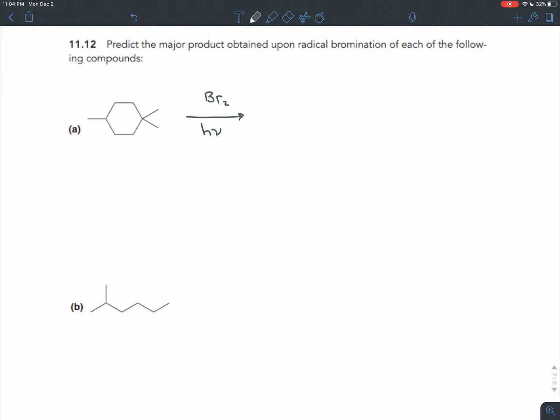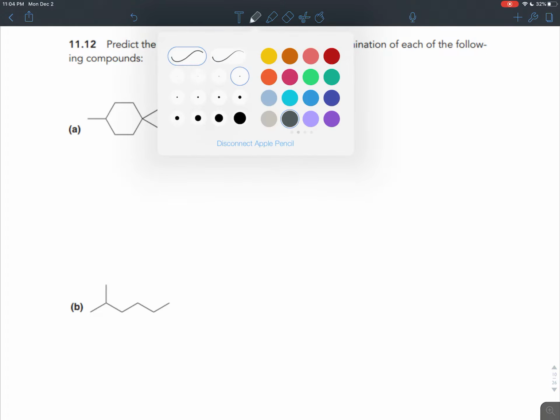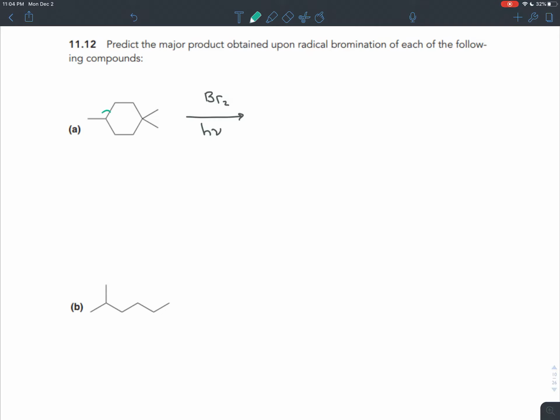That's the stuff on the outside of a molecule, the hydrogens. And so this radical would react with the hydrogens on these carbons before it ever got to this carbon buried deep in there. So you're looking for the most substituted position that has a hydrogen on it. And here, that is this tertiary carbon on the left side of this molecule.